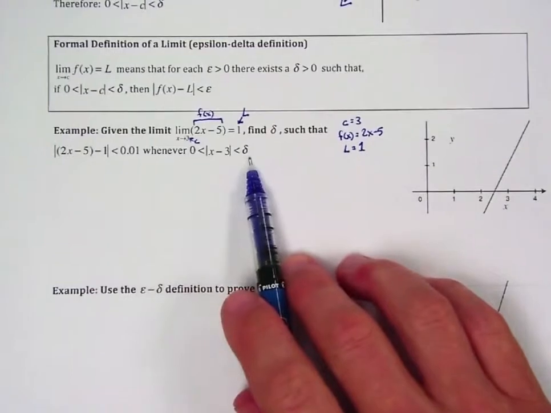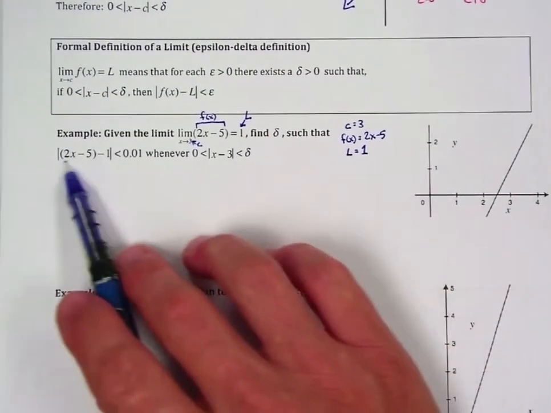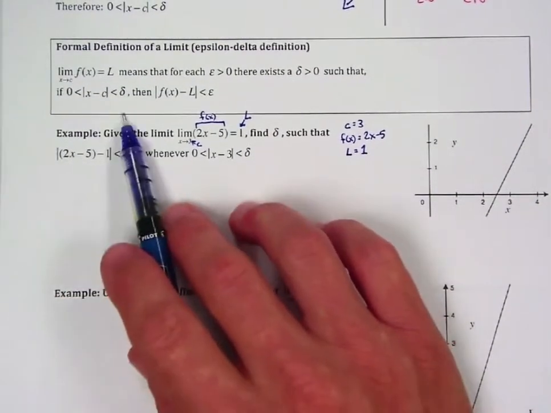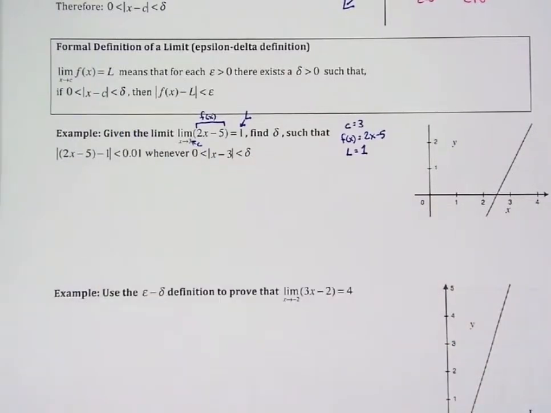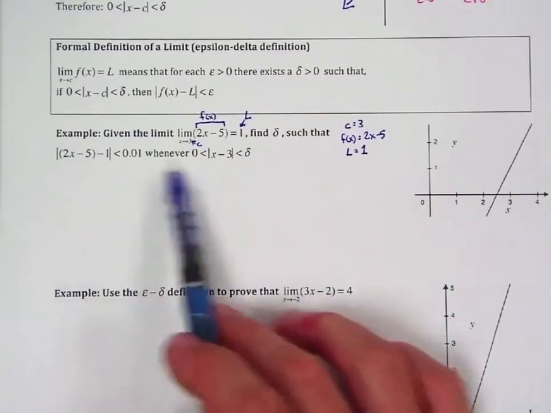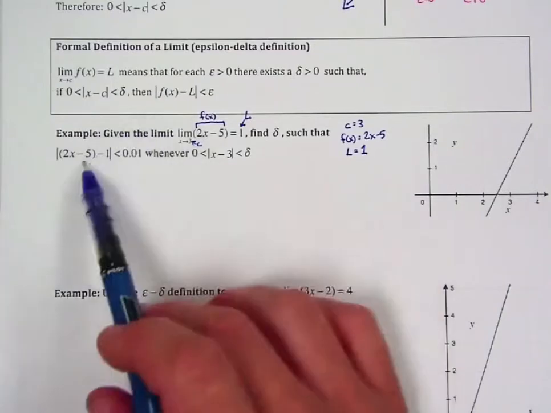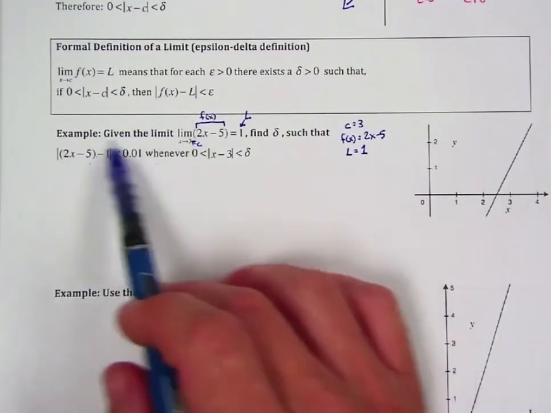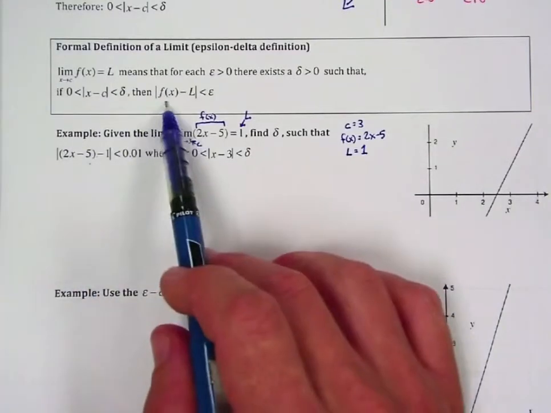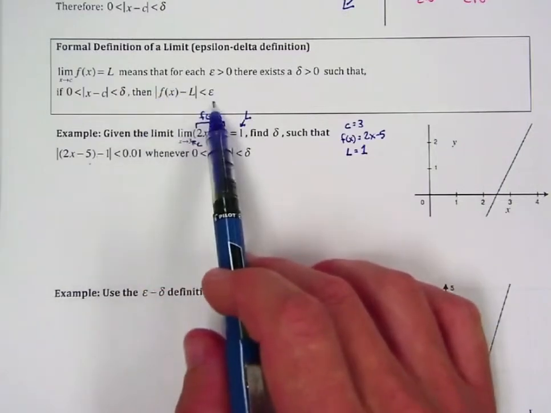So in this first part, let's see if we can identify this as to where it fits in with our definition. And a lot of times when you do this, you're going to see this backwards. So just kind of look here. You're going to see that this left side is the right side of our definition. So we start backwards.